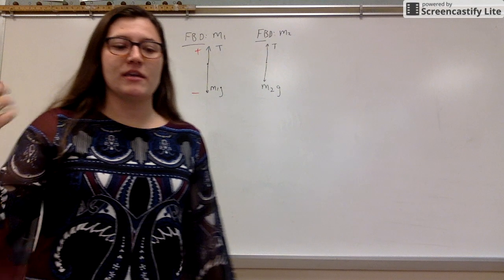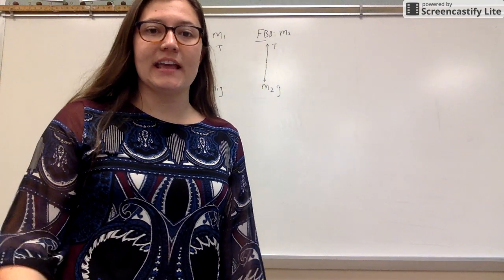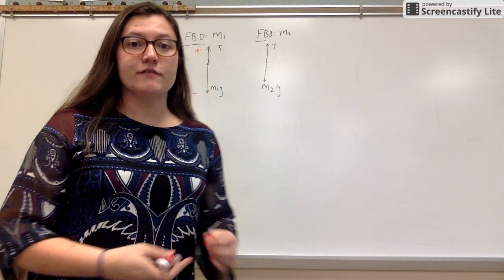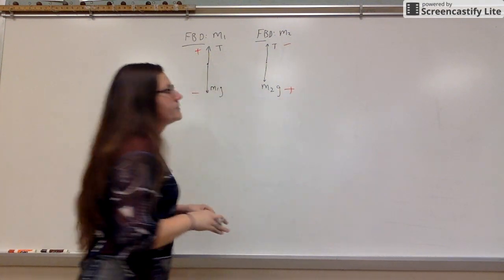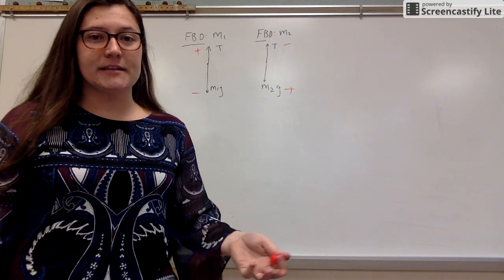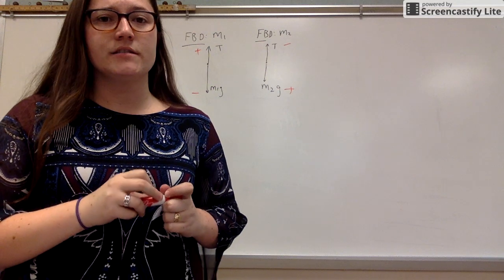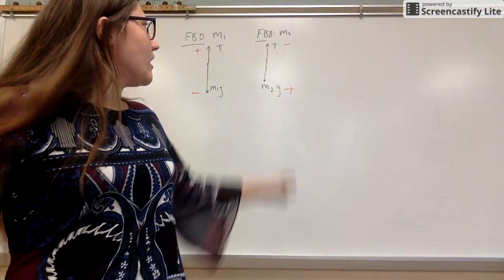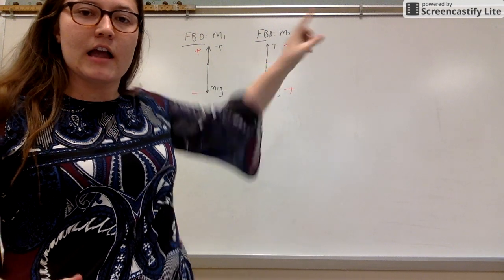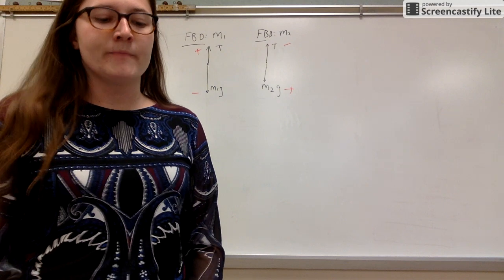In this case though, we think that the object is going to accelerate downward, so we're going to assign down to be negative and up to be positive. Why does this make sense? Because our tension, we know they have the same magnitude, but they're going to be in opposite directions. T for M2 is negative, the tension for M1 is going to be positive.